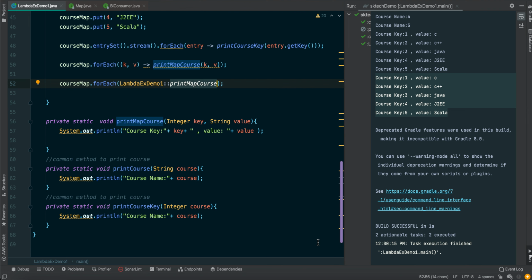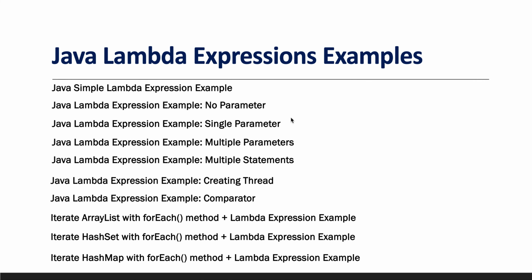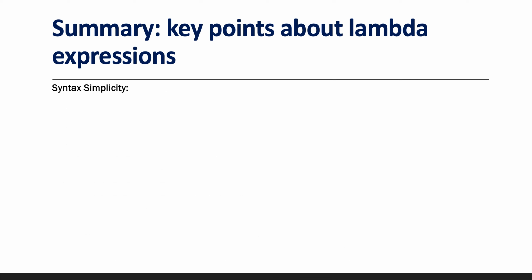Okay, now let's go to the slide and demonstrate some key points about the lambda expression. The first key point is syntax simplicity. We have seen how simple the syntax of the lambda expression is. It is much more concise than using an anonymous inner class. We have seen the differences also, right?